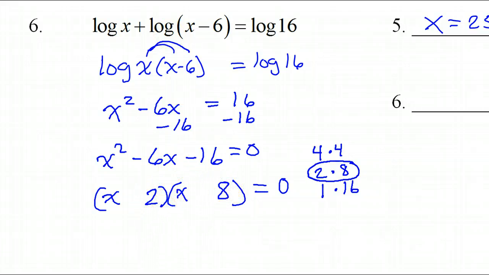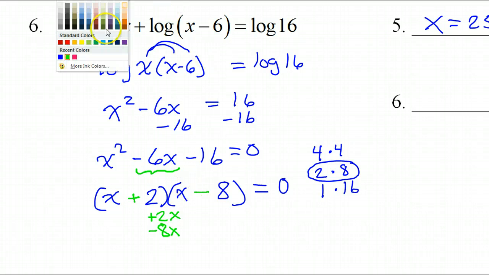Now look, inner, I have 2x. Outer, I have 8x. Can I get a -6 out of this if I pick the signs right? Yeah, if I had a +2 and a -8, that would make -6. So here's my +2, and here's my -8. But I do not stop there.